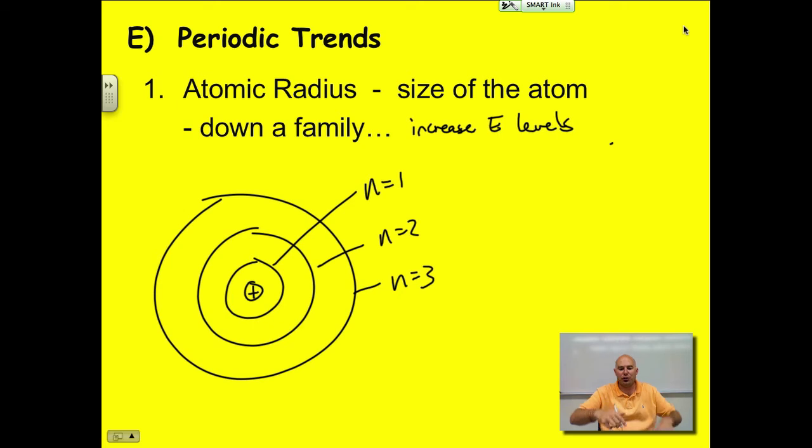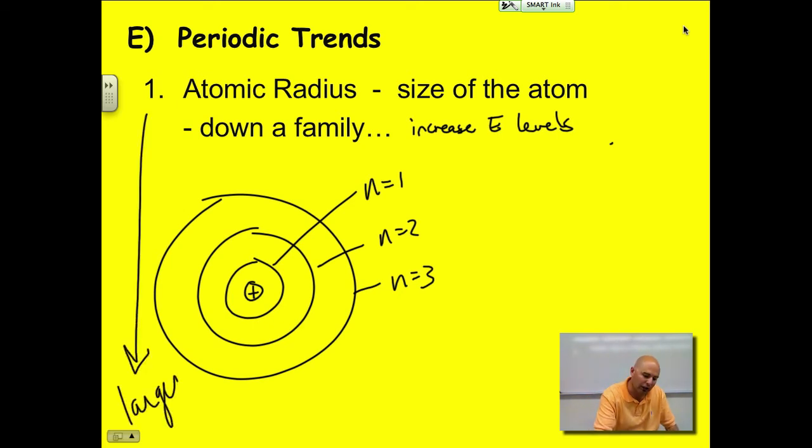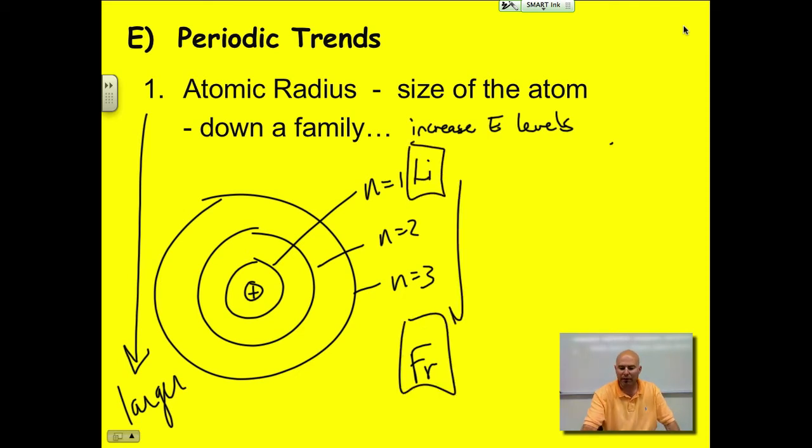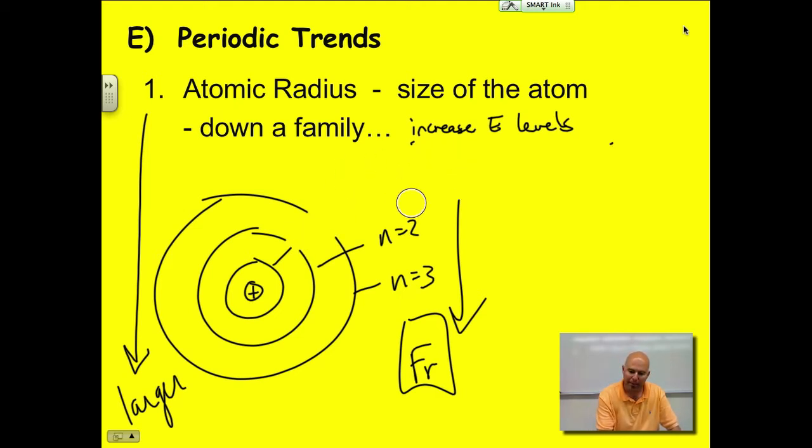So it makes sense that as you go down a family, they're going to get larger. If you compare francium, which is at the very bottom of the alkali metals, and lithium, francium is obviously going to be a larger atom. Pretty straightforward.